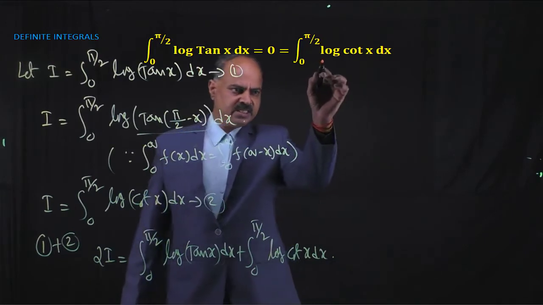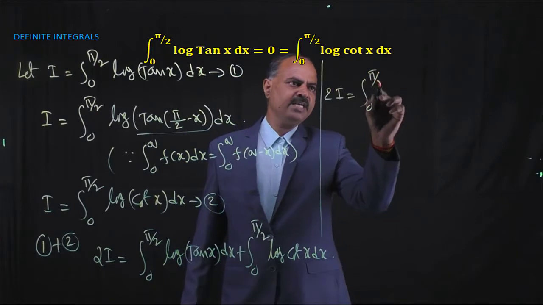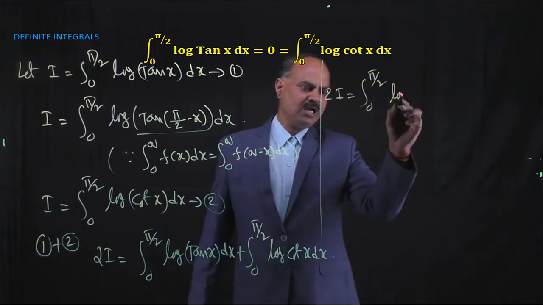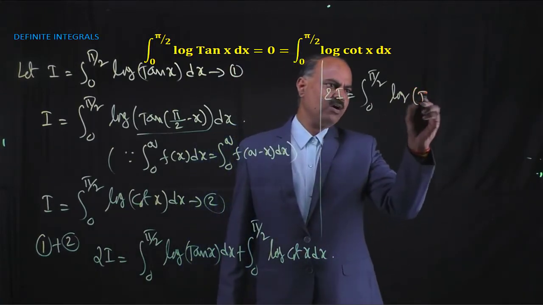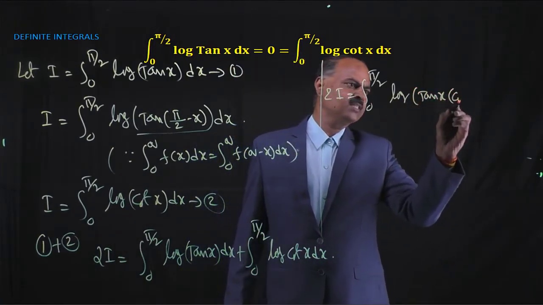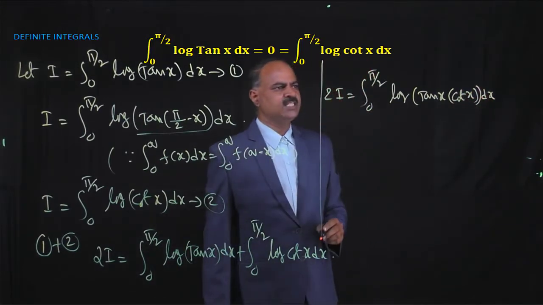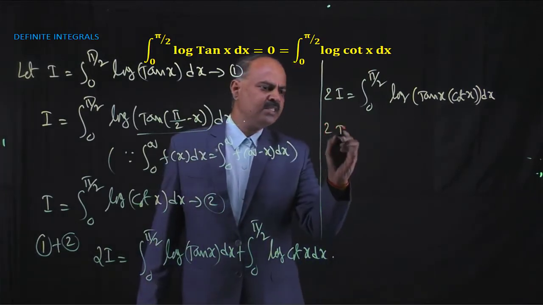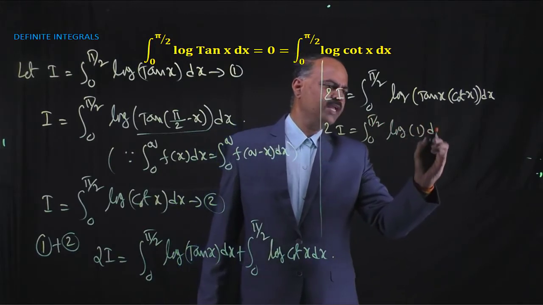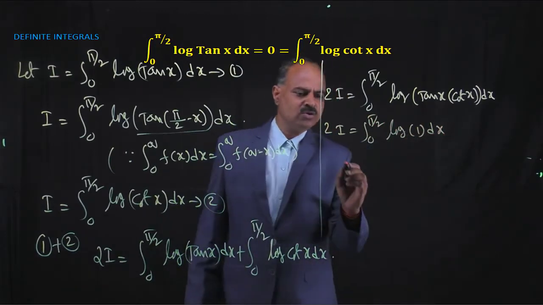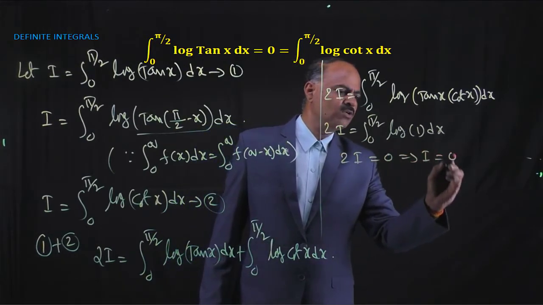Now 2I is equal to integral 0 to pi by 2 of log tan x plus log cot x, which can be written as log of tan x into cot x dx. We know that tan x into cot x equal to 1. So 2I is equal to integral 0 to pi by 2 log 1 dx. But log 1 is 0. So 2I is equal to 0. So this implies I equal to 0.